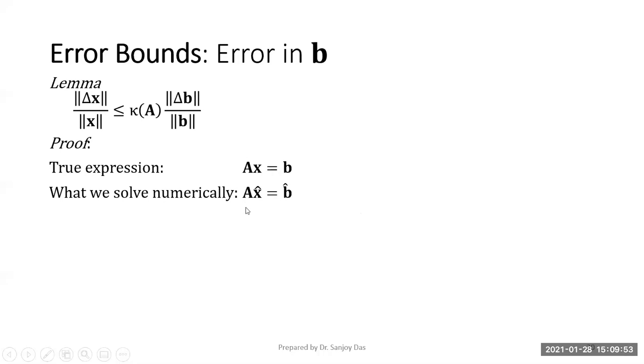B is not available, what we have is B hat. And when we try to solve it, the value of X we get is X hat, which contains errors, right? So AX hat equals B hat. Now, remember these two: AX equals B, AX hat equals B hat. So I take this AX hat equals B hat first.